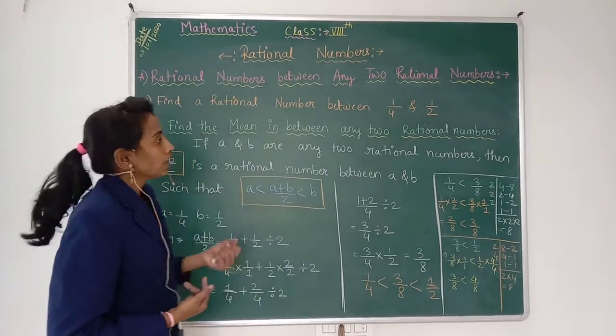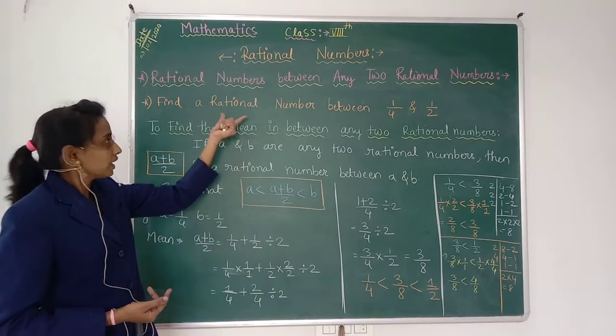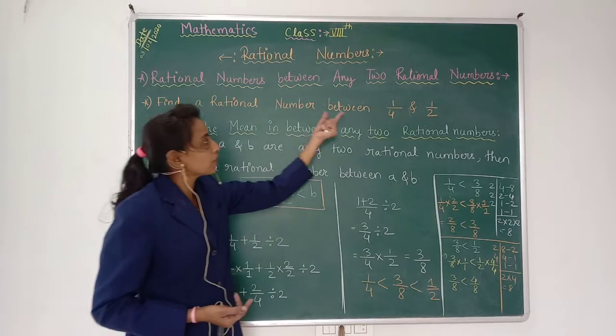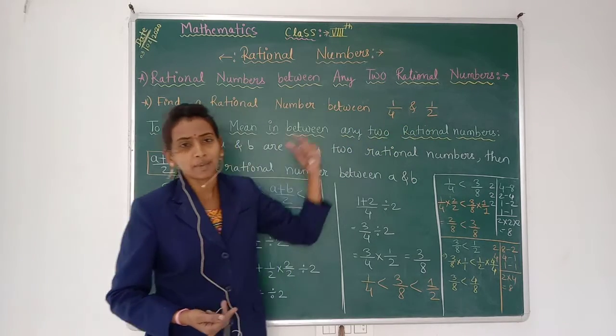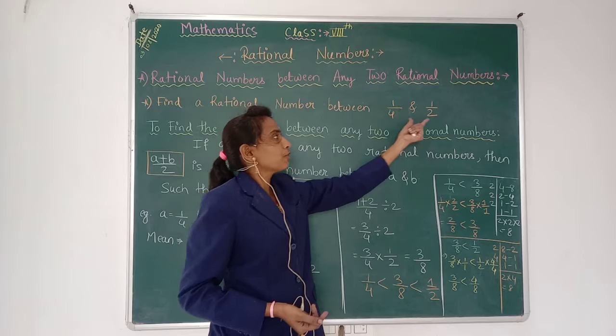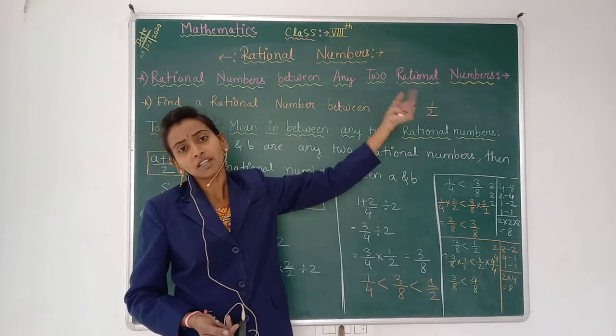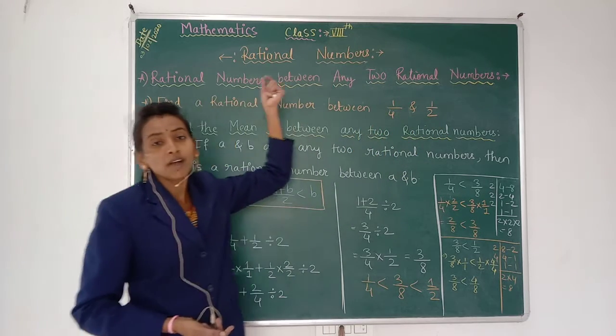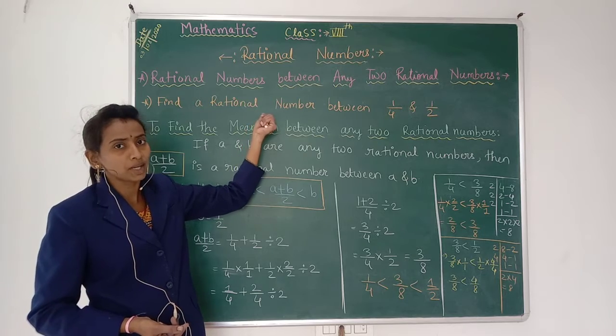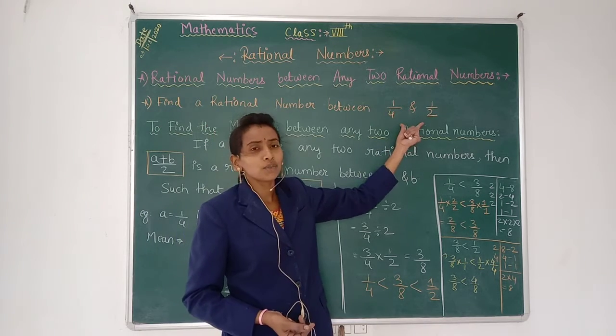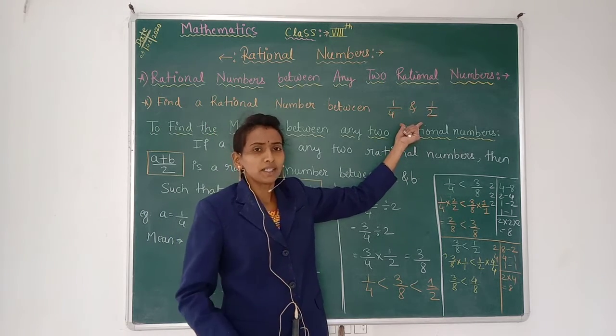But here we have one different example: find a rational number between 1 by 4 and 1 by 2. Here 1 by 4 and 1 by 2 are given, but we have to find only one rational number, which means it is not necessary to make the denominators the same.